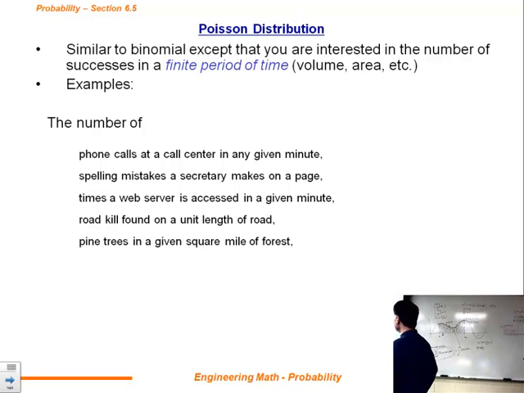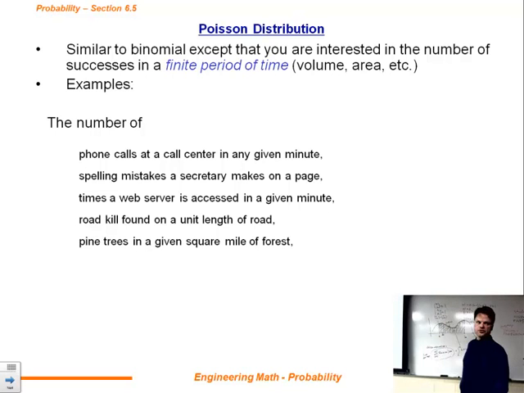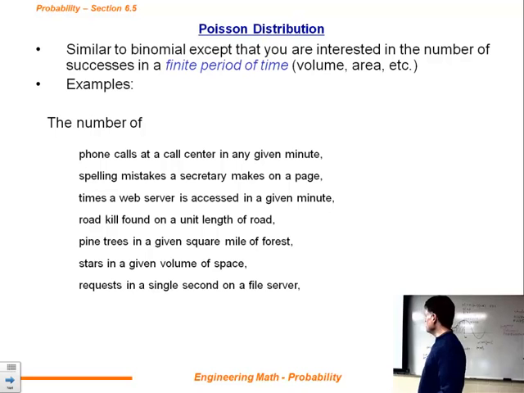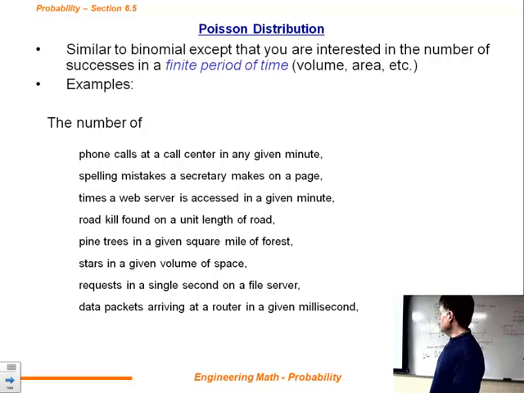Pine trees in a given square mile of forest. This is also Poisson distributed. Stars in a given volume of space. The point is, anywhere in the forest there could be a pine tree. Anywhere along the road there could be roadkill. Anywhere in a volume of space there could be a star or not. Requests in a single second on a file server, where requests can come in at absolutely any time in that second.